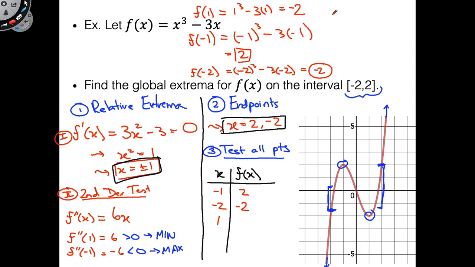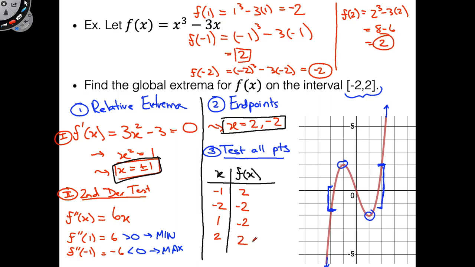And then last but not least, we would have 2 itself. f of 2 is going to be 2 cubed minus 3 times 2, which is 8 minus 6, which is just going to be 2 again.